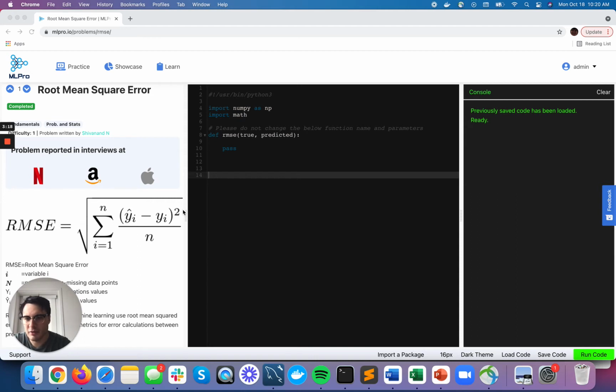Okay, so what about this squared term here? Why do we square the difference? The reason is twofold. Firstly, let's say that we didn't square.